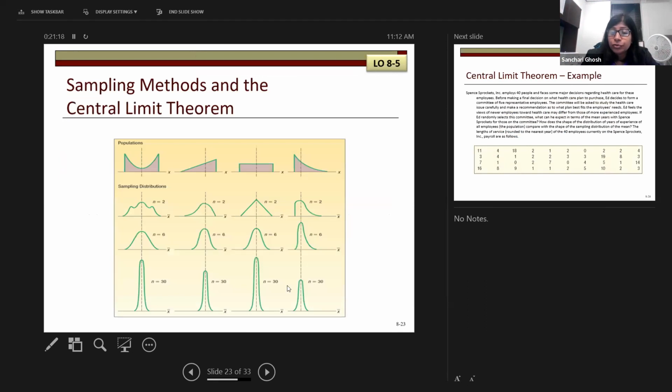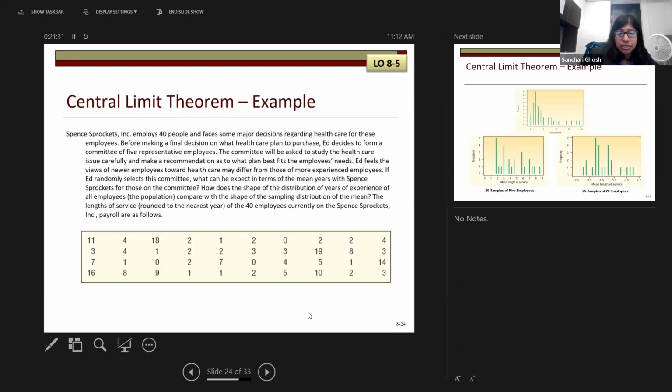It has been shown through simulated data. See how they have bigger tails, more of a left tail or more of a right tail. But as you go higher and higher, to n equals 30, you get more bell-shaped, normally distributed data.